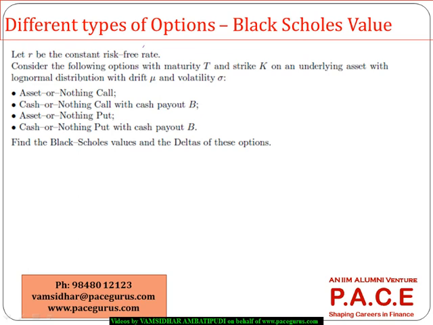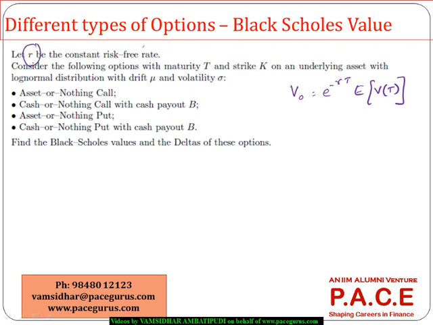Let me try to get into the valuation of different types of options, not the traditional European or American kind of options. So let's try to see how we get into the evaluation of them using the risk neutral mechanism. Always remember, whenever I rely on this concept of risk neutral, I am talking about the present value, which means discounting by e power rt the expected value of that particular instrument on maturity.